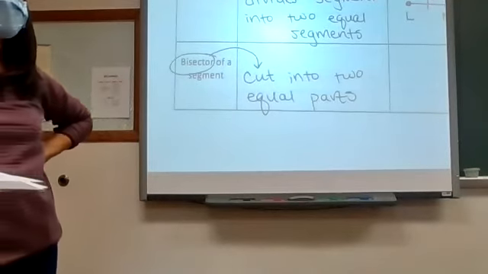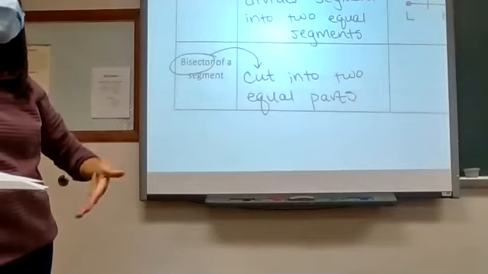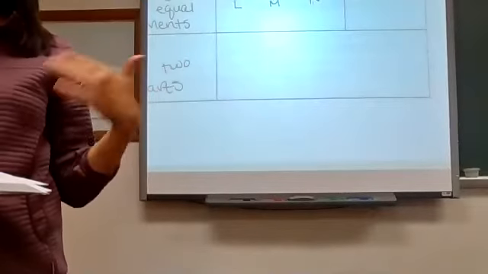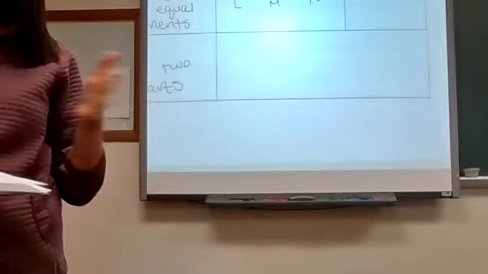When something's getting bisected, it's more than just there's a point that's in the middle. If I had a segment, and note that a line goes on infinitely, so we can't cut a line in half, but we can cut a segment in half because a segment has a set distance.